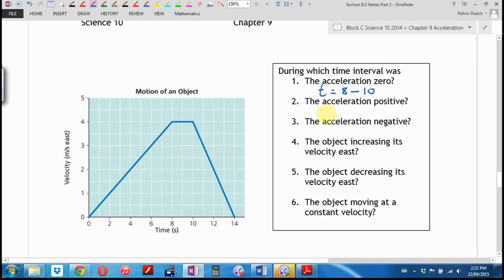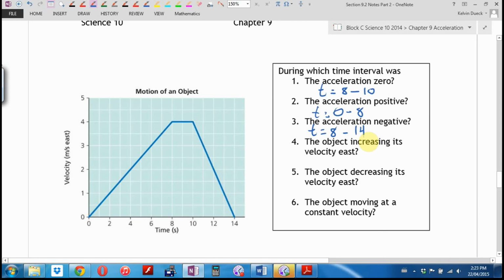From 0 to 8? So, if positive is forwards, I don't know. Oh, east. Speeding up. Constant speed, not at rest, constant speed. Slowing down. Which section is the acceleration negative? T equals 8 to 14, is that right?